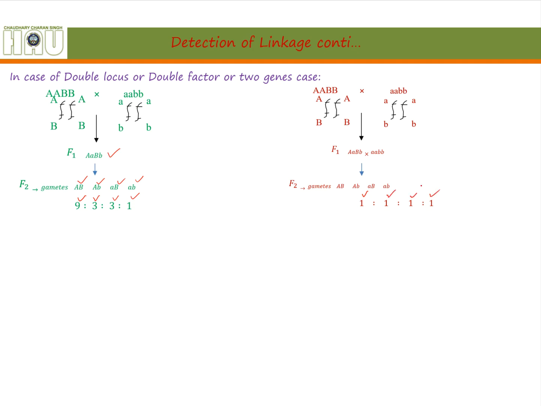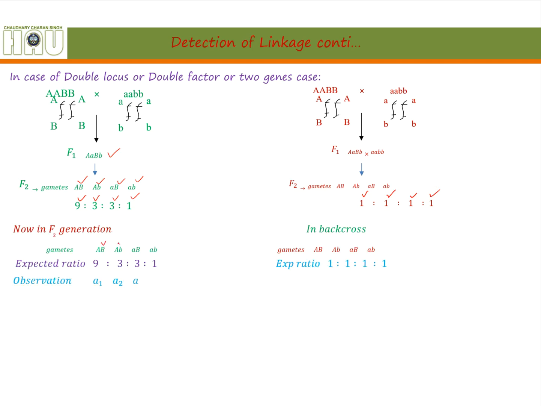So in F2 generation, we have four classes, AB, Ab, aB and ab, and their expected ratio is 9 is to 3 is to 3 is to 1.